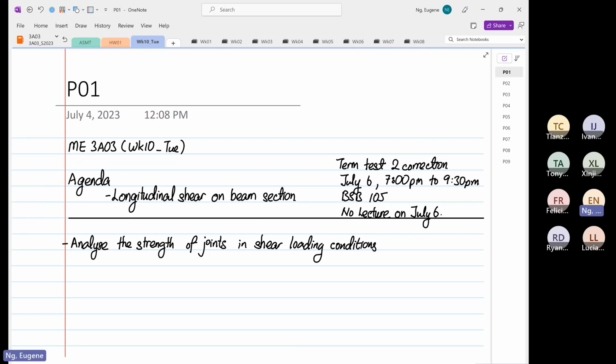The thing we'd like to emphasize over here is the strength of joints. Okay, we are going to look at the joints.